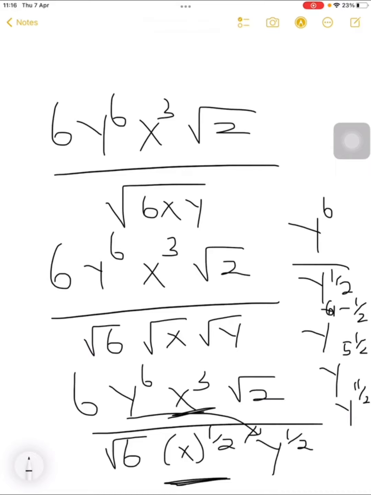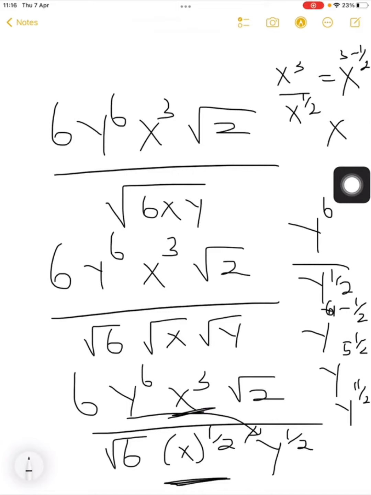And then working out on x, we have x³ divided by x^(1/2). This one will get x, then 3 minus half, and therefore you will have x^(2½), which is the same as x^(5/2). So you see, you've simplified further the y⁶ and y^(1/2) and x³ and the x^(1/2).